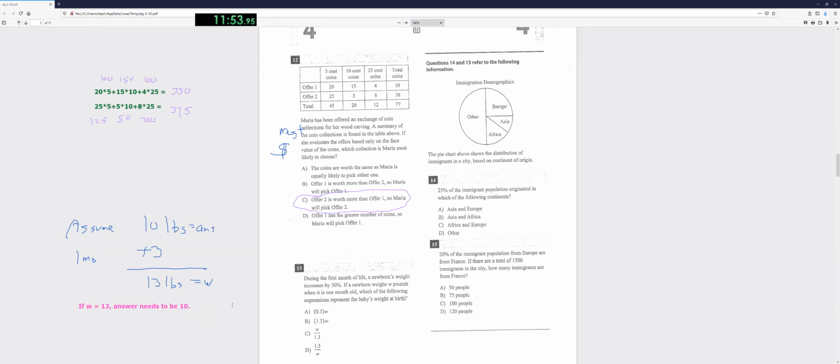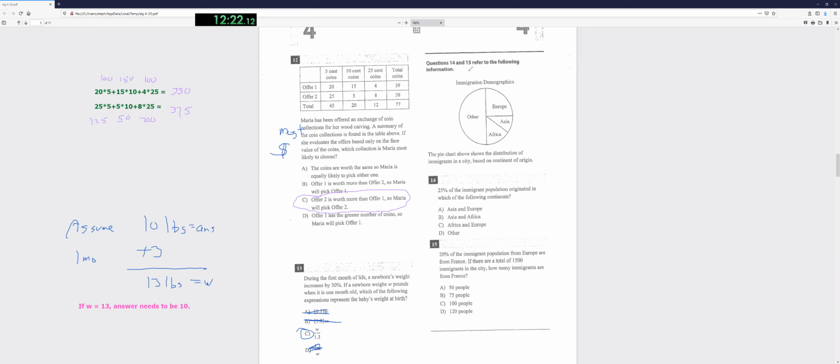We're going to use this now to eliminate our answers, and we're going to ask if we plug in a 13, do we get a 10? 0.3 times 13 is not 10. 1.3 times 13 is not 10. 13 divided by 1.3 looks to be 10. 1.3 divided by 13 is definitely not 10. So just eyeballing it, none of these answers make sense other than C. So that has to be the correct answer.